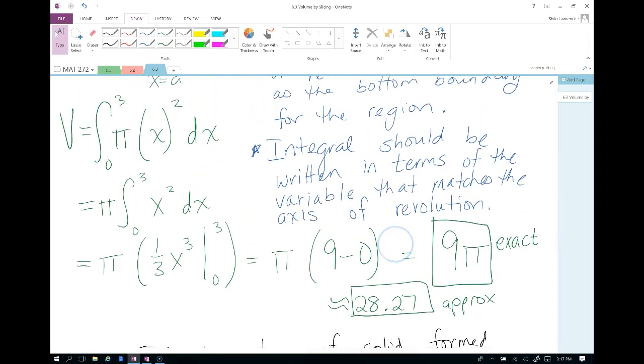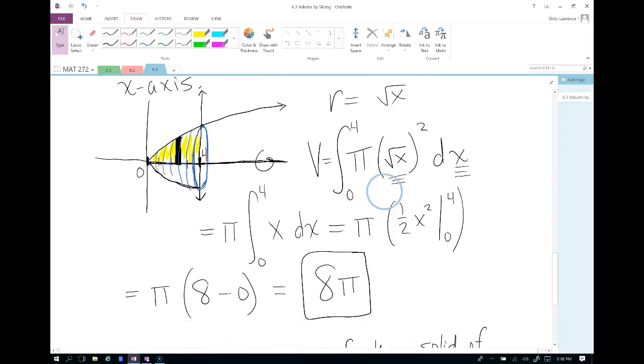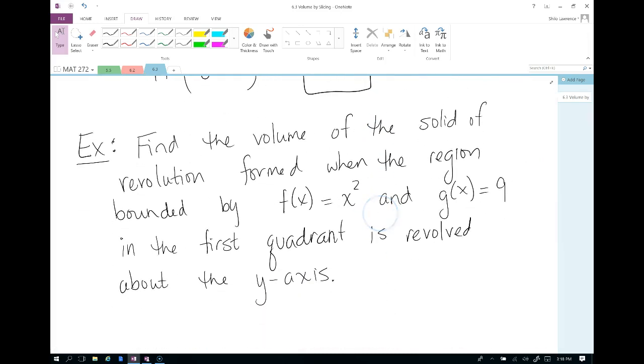We said here the integral should be written in terms of the variable that matches the axis of revolution. So in this example, if we're going around the y-axis, that means I want everything in my integral to be written in terms of y. Now I'm not going to make those changes yet. I'm going to draw my region first.